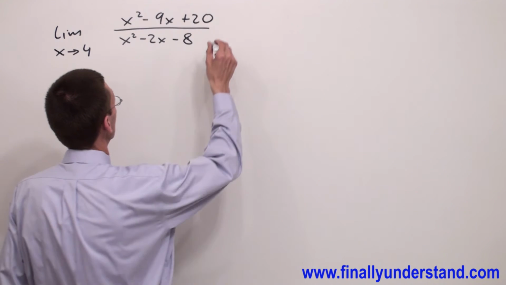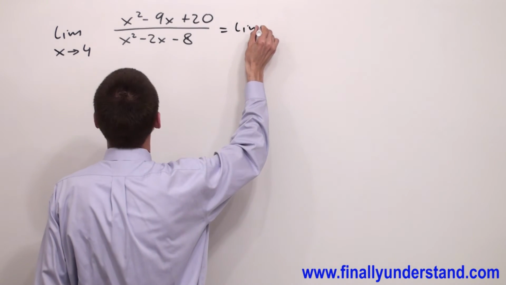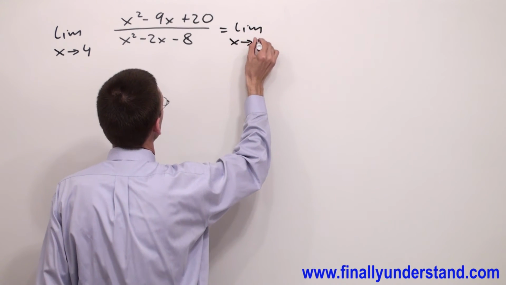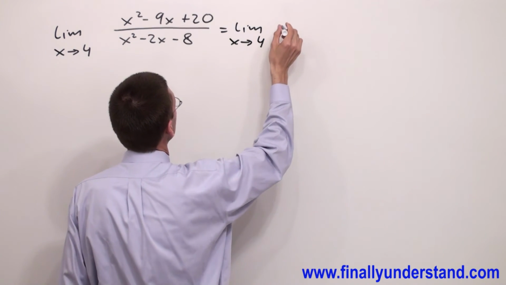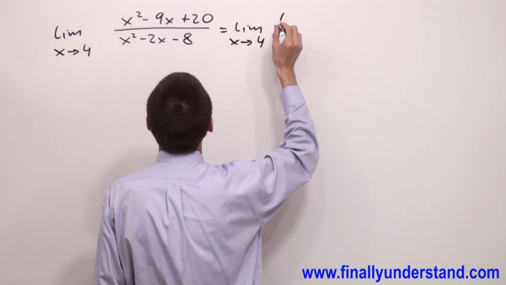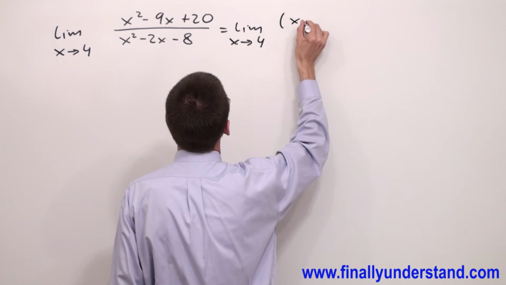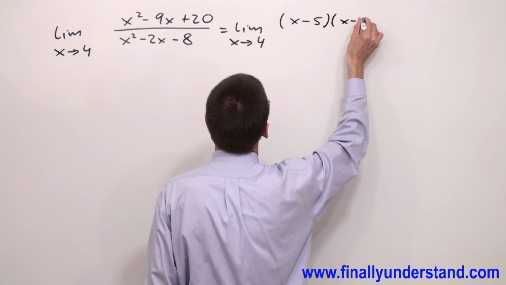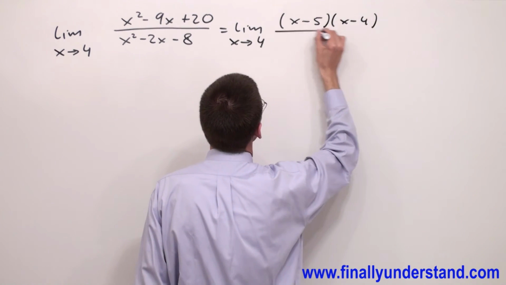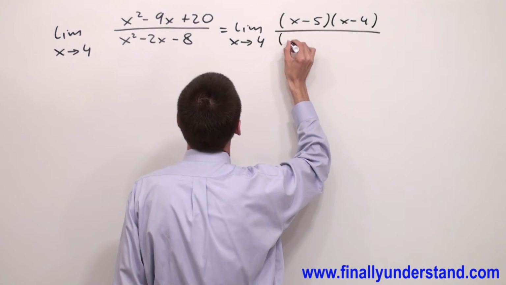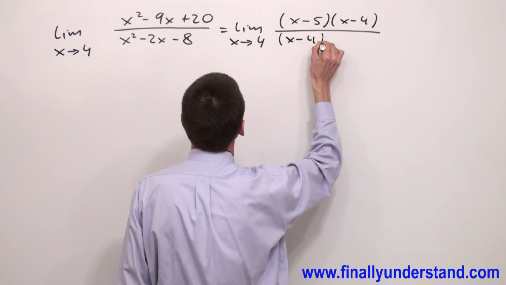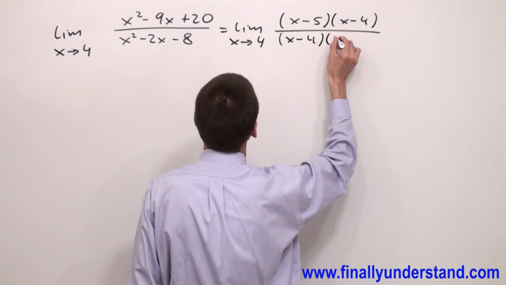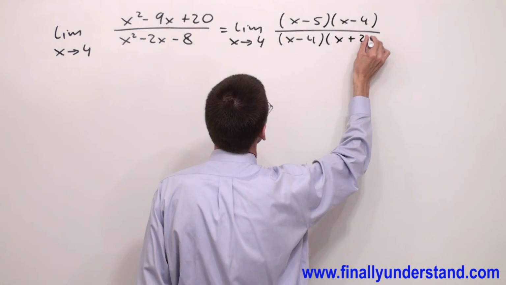We can rewrite this problem as limit x approaching 4, and if you factorize the numerator, you are going to have x minus 5 and x minus 4 over x minus 4, and I have x plus 2.